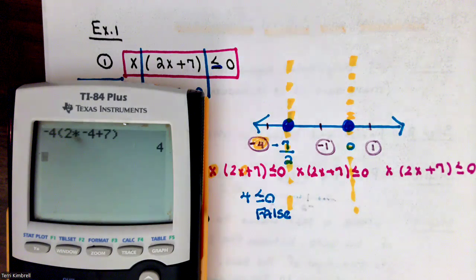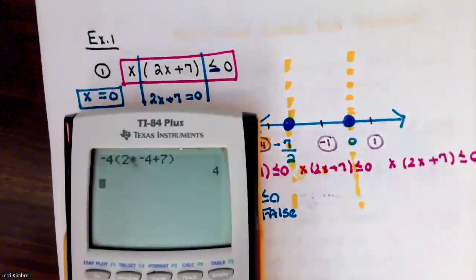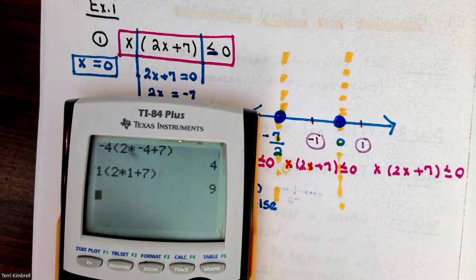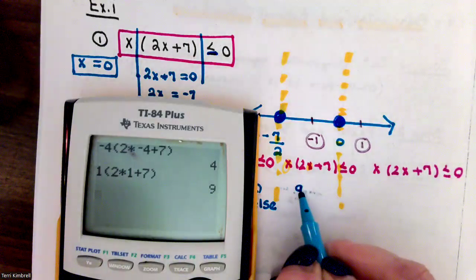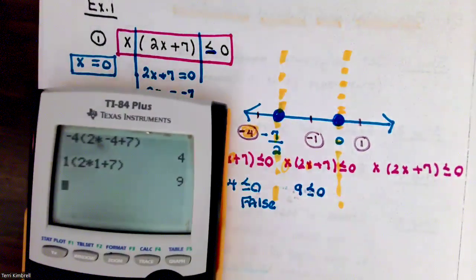Then I'm going to go over here and I'm going to check 1. So I'm going to have 1 parentheses 2 times 1 plus 7. That number gives me 9. Is 9 less than or equal to 0?